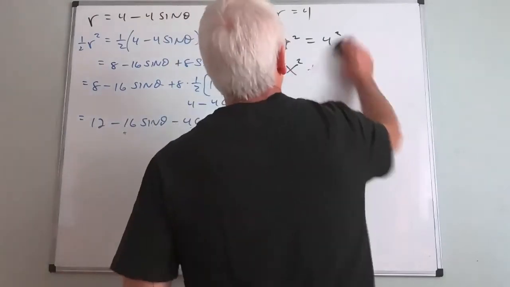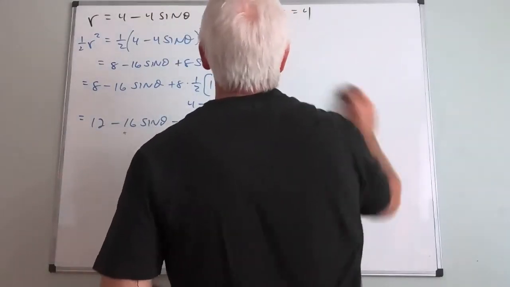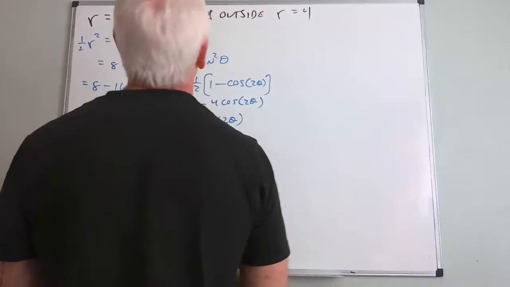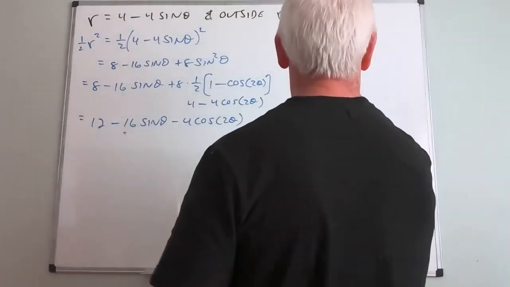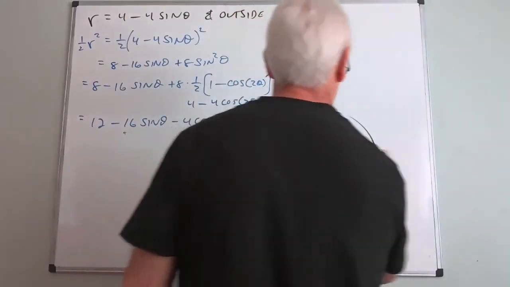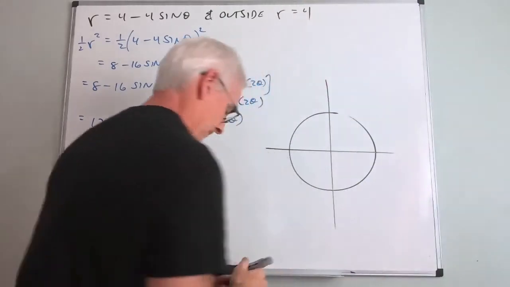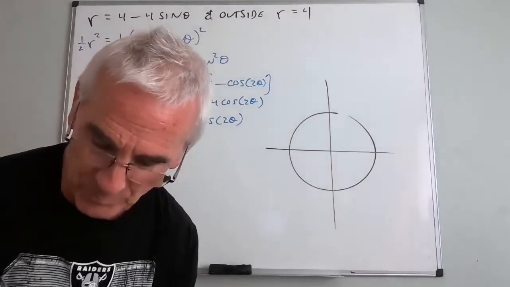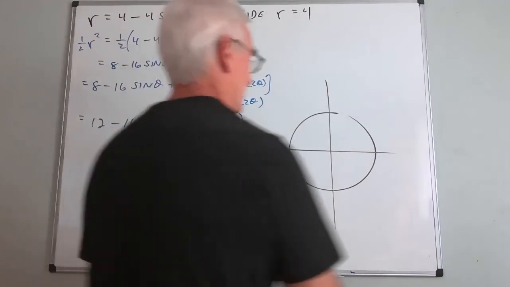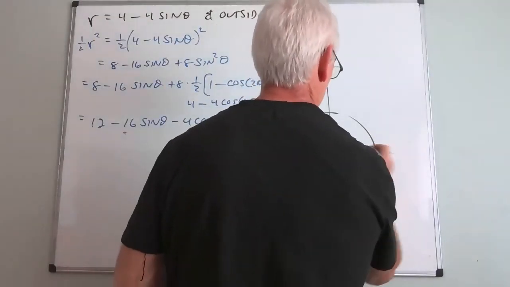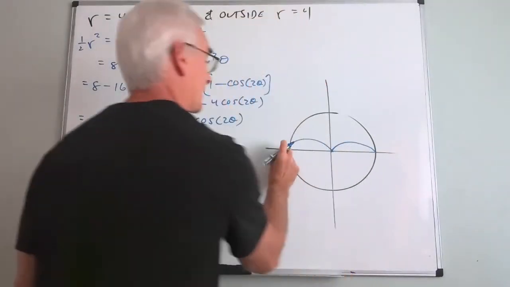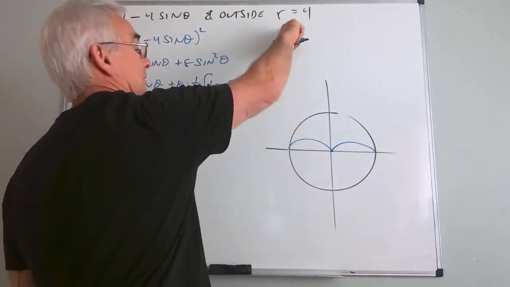So I want to find, said outside the circle, inside the cardioid. I'll do my best to try to make this kind of accurate. You notice I picked 4. It was very important that I picked 4.